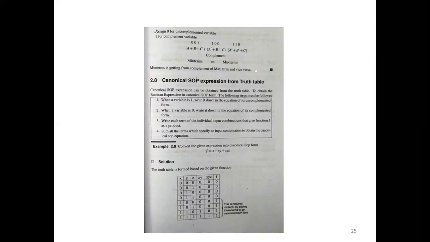Next, canonical SOP from a truth table. Here we have x plus xy plus xyz. This is another method for defining SOP expressions. Here we have f equal to x plus xy plus xyz.